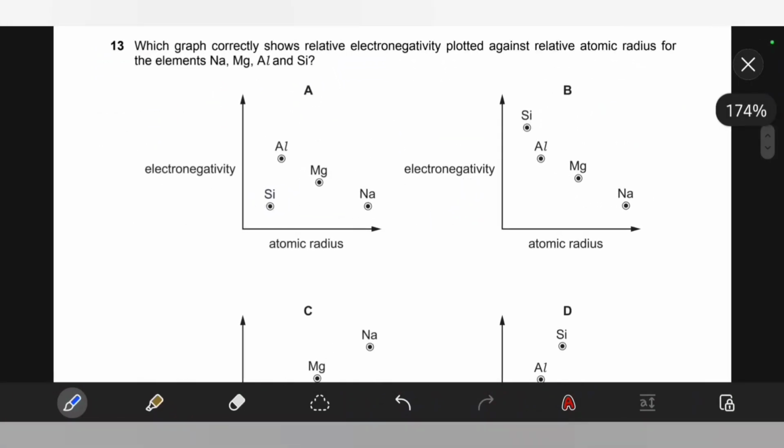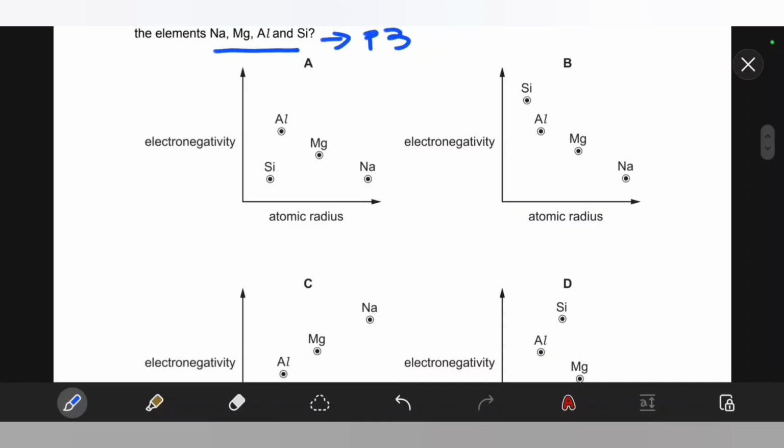Which graph correctly shows relative electronegativity plotted against relative atomic radius for the elements? Okay, so these are period 3 elements. So we have to look at the atomic radius. We just did that.